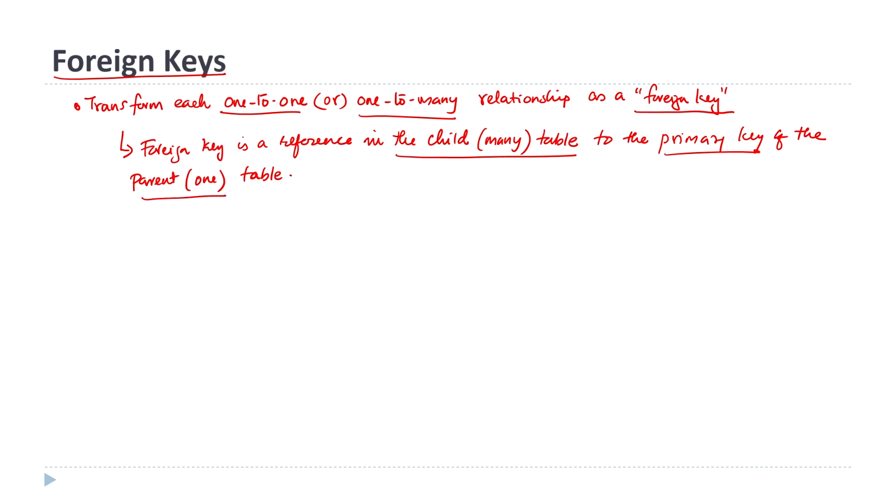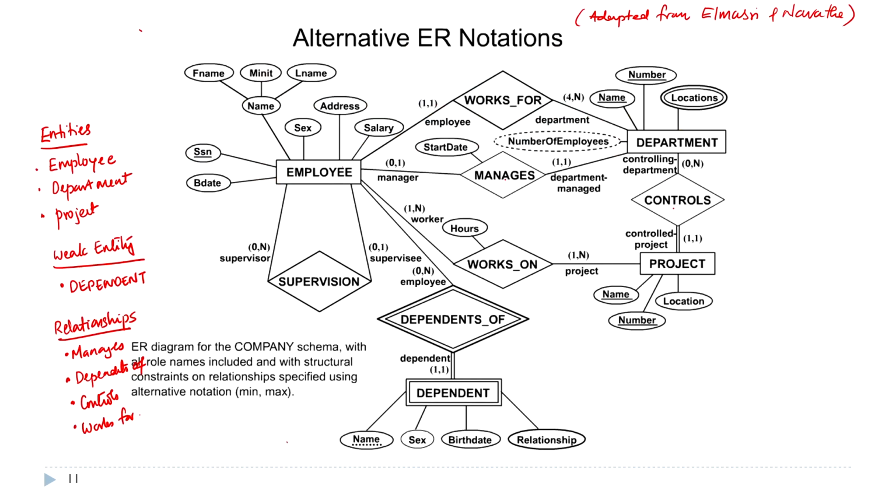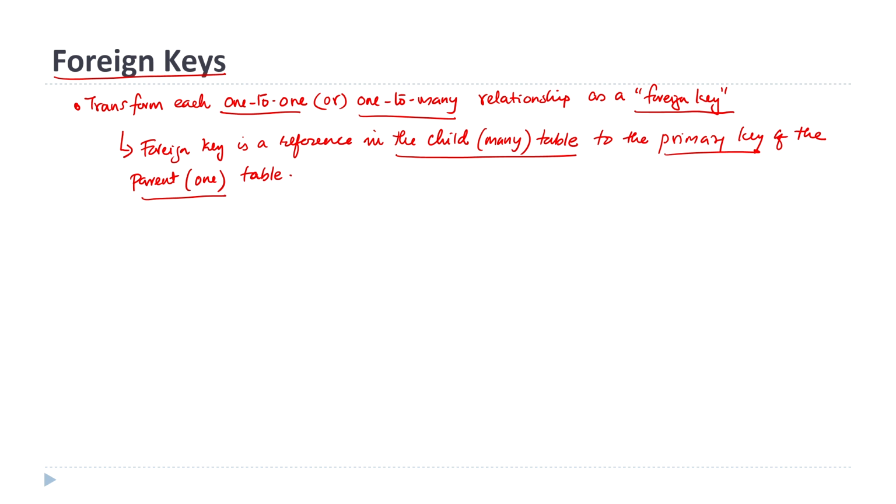Now let us take a look at department and employee. One department has multiple employees, or an employee works for one department, or a department has many employees. Let us draw that as an example. Department has employee, department 1 to n, that is how we drew it here.